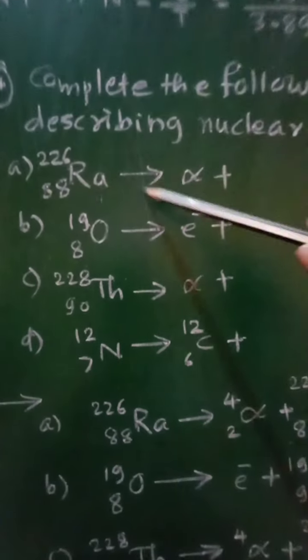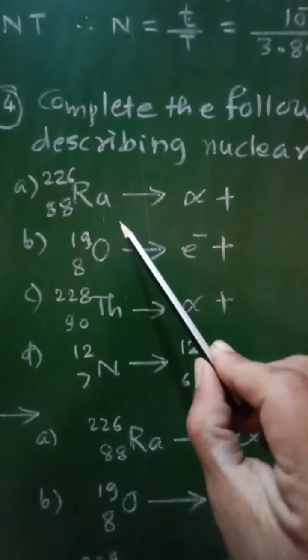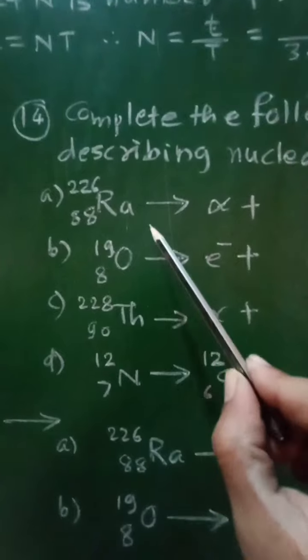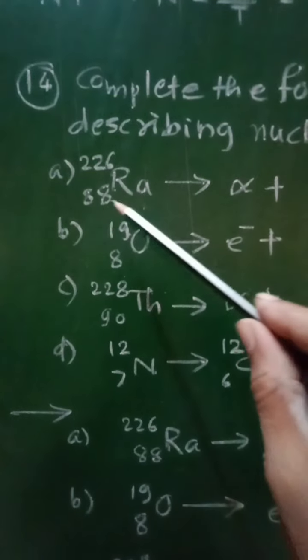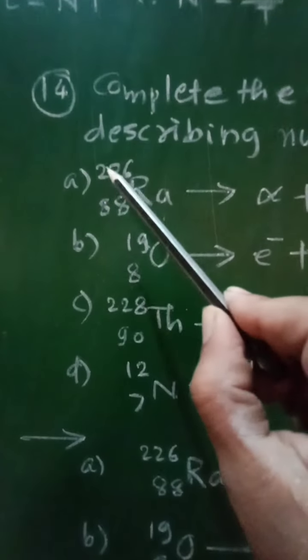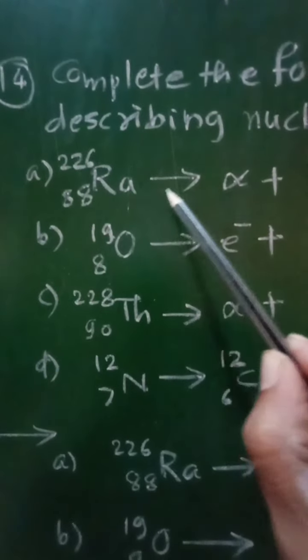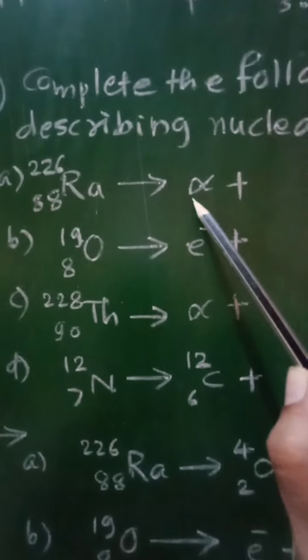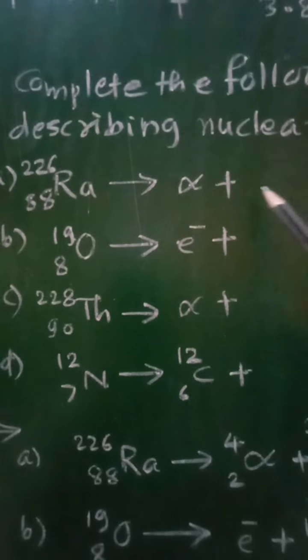The first one is given for radium Ra, whose atomic number is 88, mass number is 226. When it undergoes decay, it gives alpha particle plus.